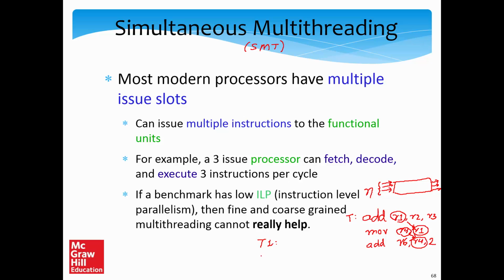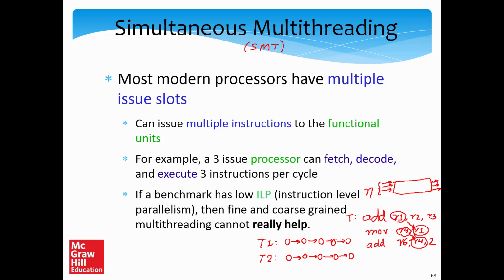We can take thread 1, we can take thread 2, and let's assume that its instructions are extremely dependent. The nth instruction is dependent on n minus 1th. So we can't look at executing 2 instructions in parallel. That's all right. So let's assume even the other thread is also that badly behaved.